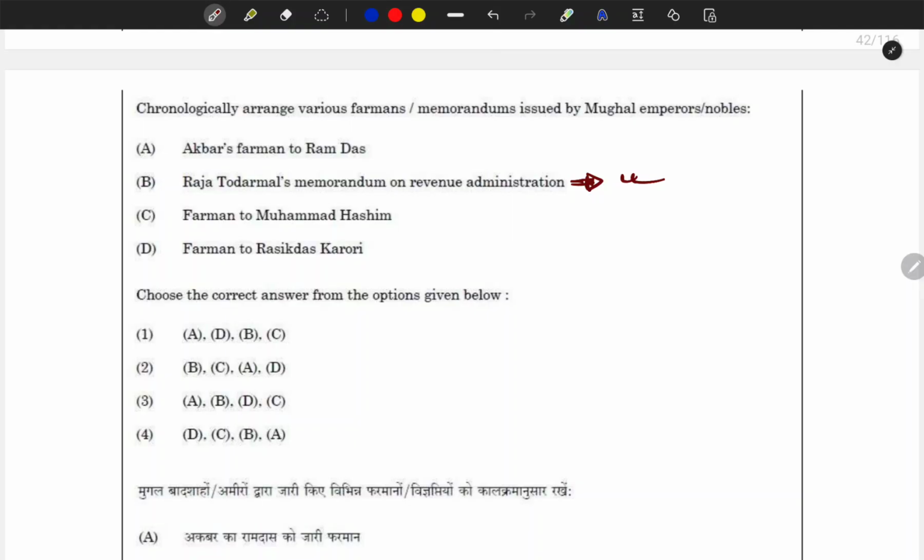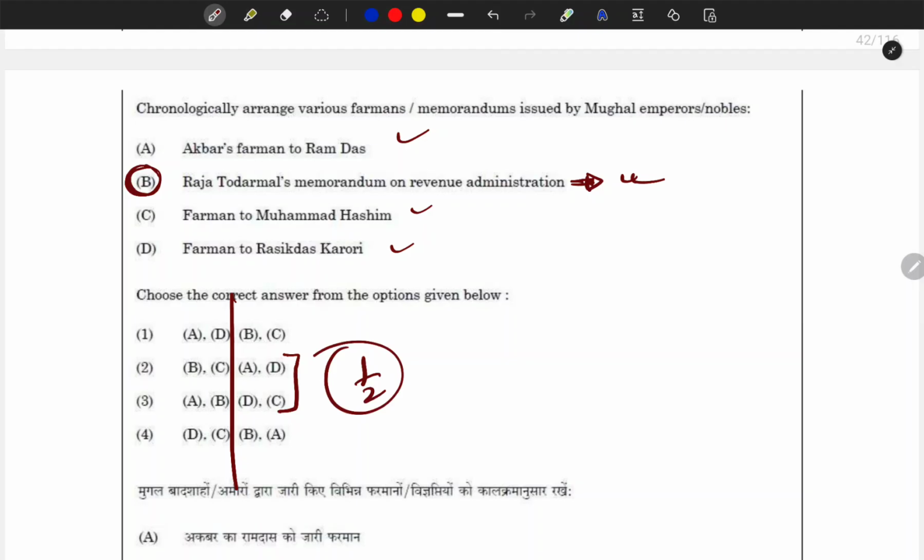I don't know about the other three, but if you place statement B initially, you cut the options into two halves. You are only left with two options, so you can take a 50-50 call on either.